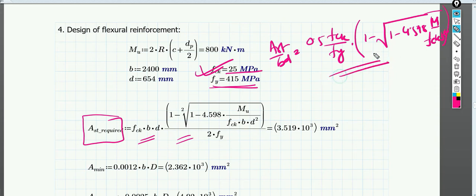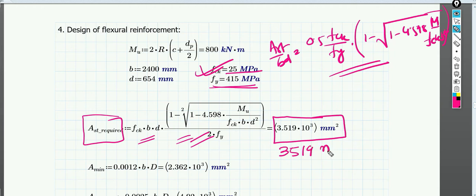This was the equation to find out the steel. Using this equation, the area required comes out to be around 3519 mm square.